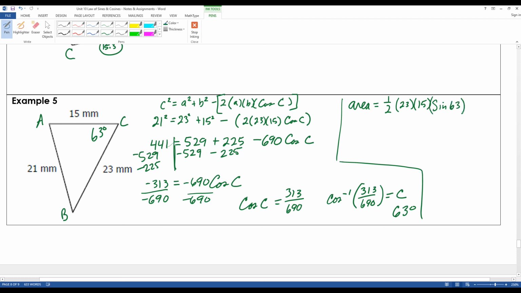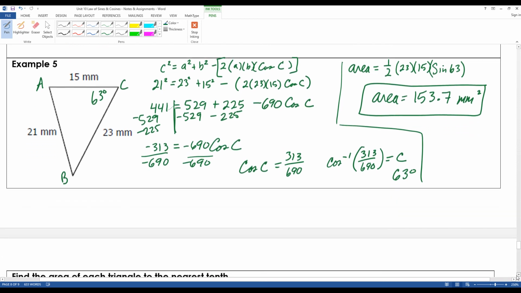Okay, punch it in. Sine of 63 times 15 times 23 times 0.5. Enter. I get 153.7, we'll say. And what unit of measurement are we in? Millimeters? Square millimeters. Beautiful.